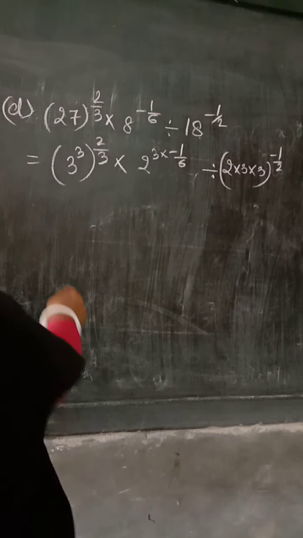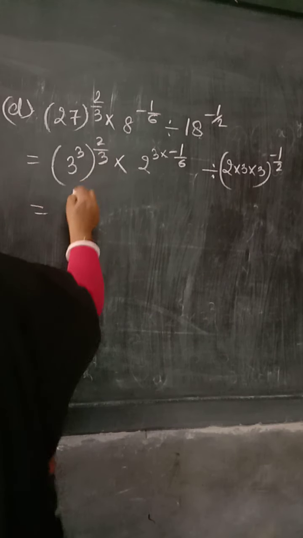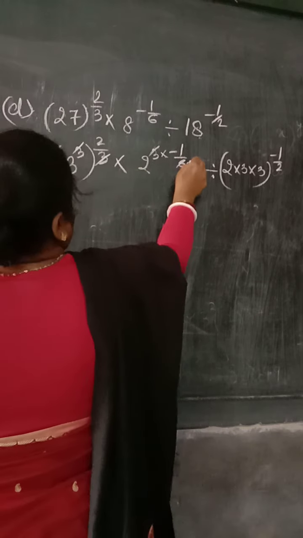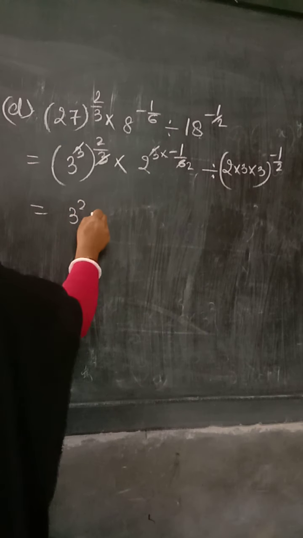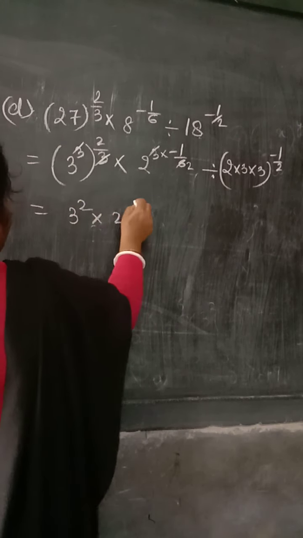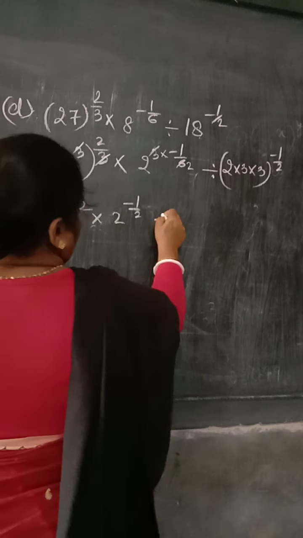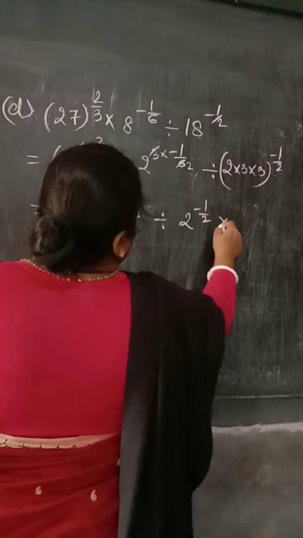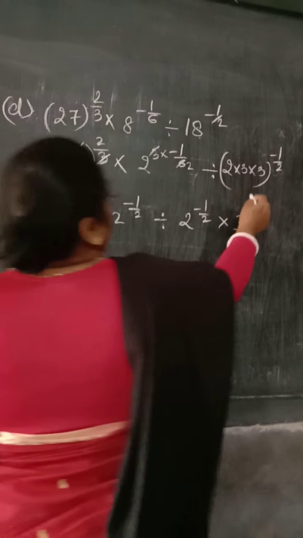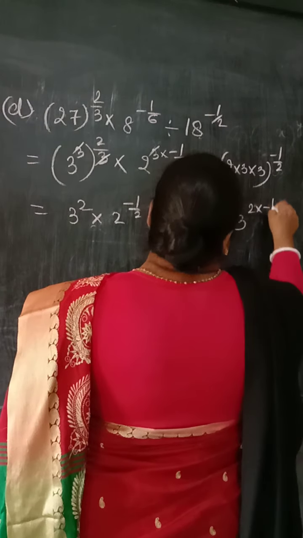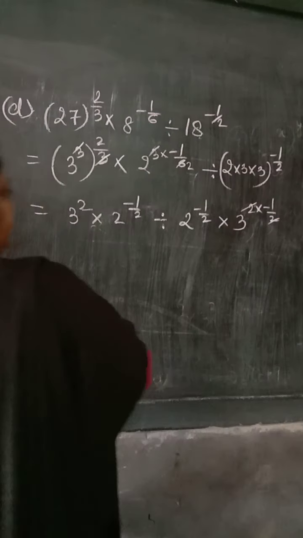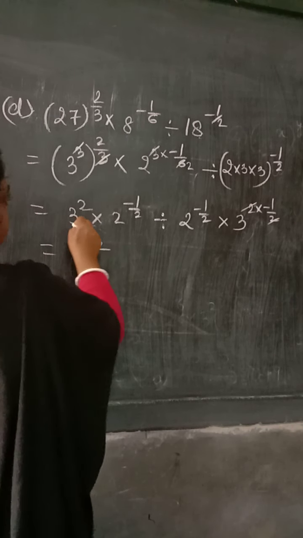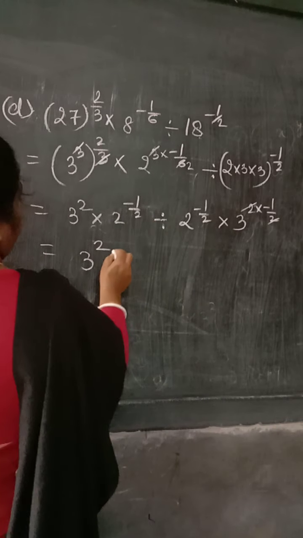Now this gives you 3 cancel. I'm left with 3 square into 2 to the power minus 1 by 2 divided by 2 to the power minus 1 by 2 into 3 square to the power minus 1 by 2. So this is cancelled. Now 3 square divided by 3 to the power minus 1.